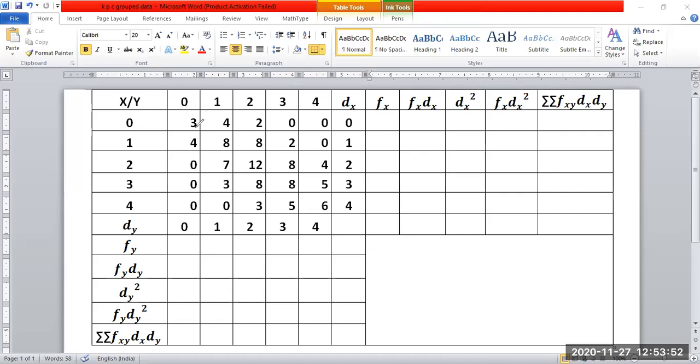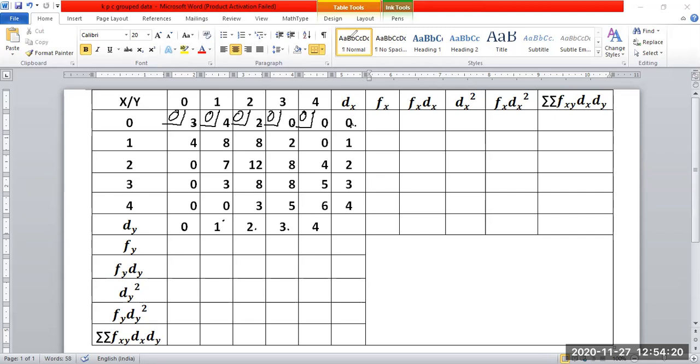Concentrate on each box. There is a number, that is 3 into 0 into 0, that is 0. 4 into dx into dy, that is also 0. 2 into 0 into 2, 0. 0 into 0 into 3, 0. 0 into 0 into 4, that is 0.